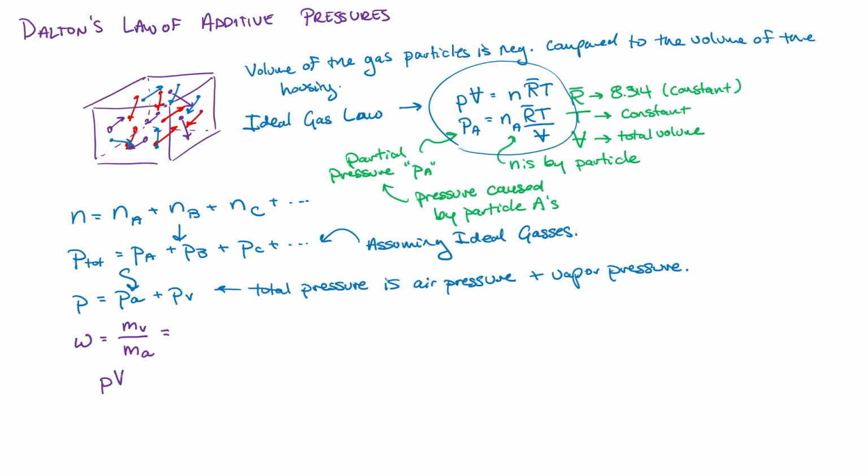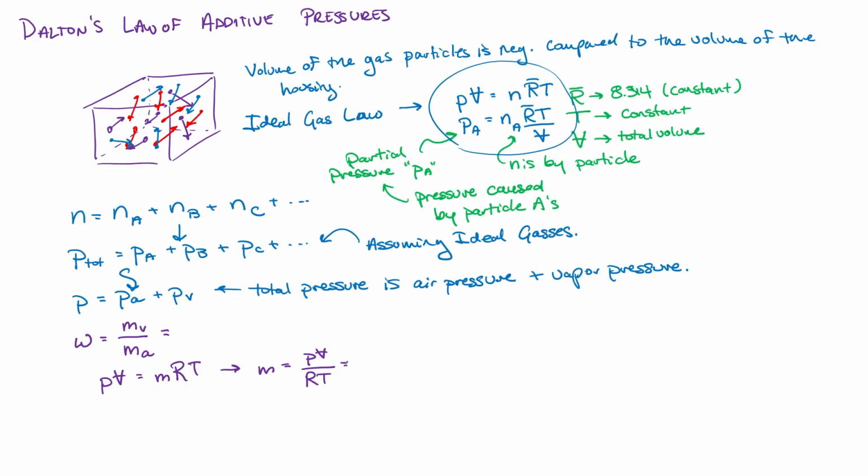We can say pressure times volume for an ideal gas is mRT. This is not R bar, this is R specific to our piece. So the mass of each of these is going to be equal to our pressure times our volume divided by RT.